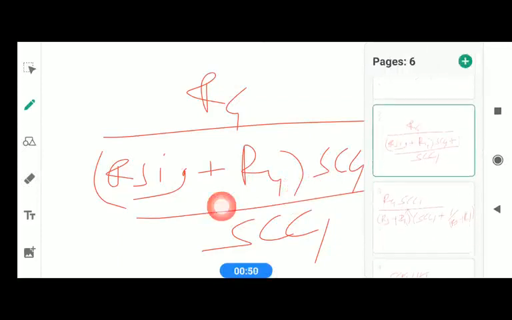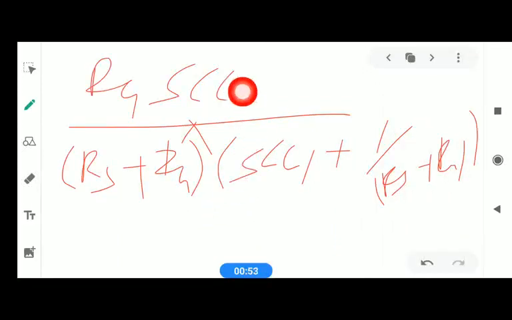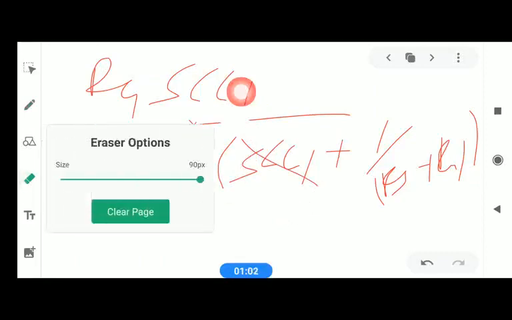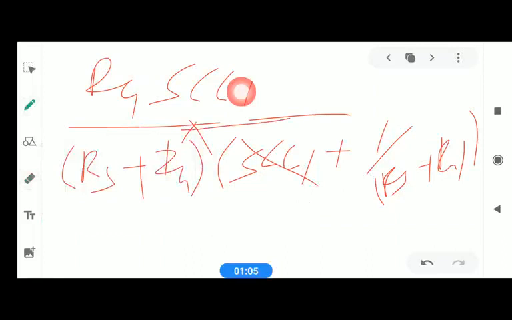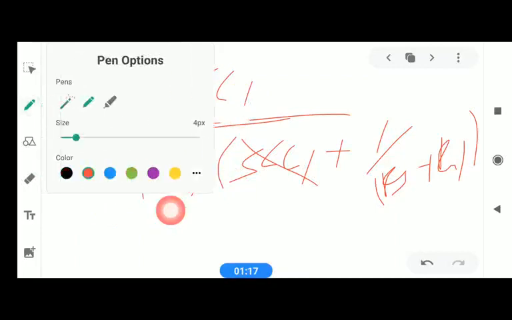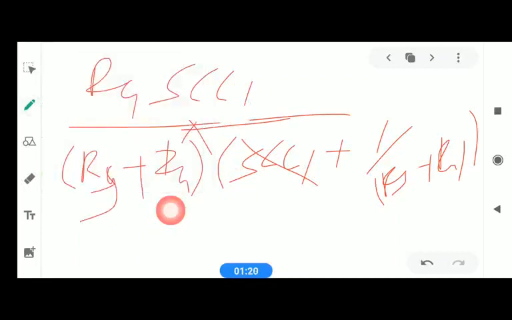This S CC1 we are sending upside, and we are taking R signal plus RG as common, sending the denominator S CC1 to the numerator and taking RG plus R signal.